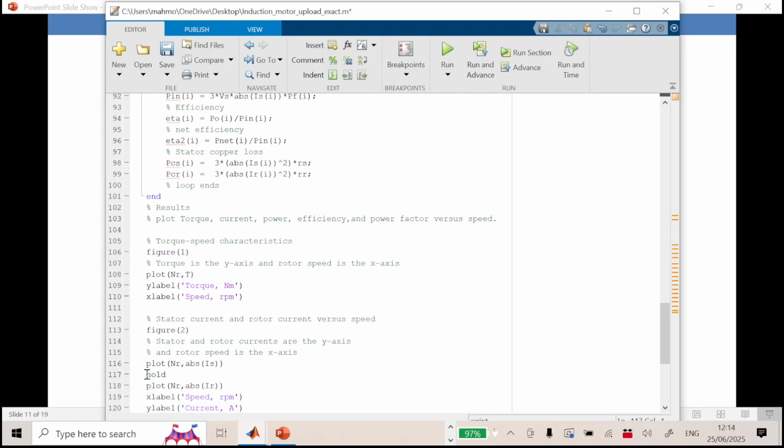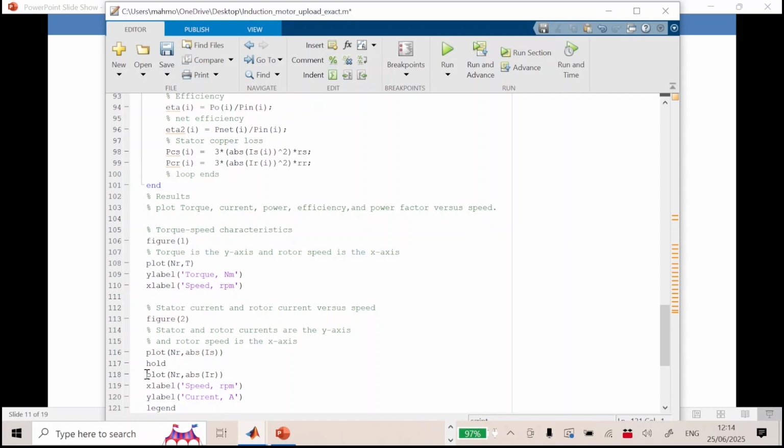Then plot the speed as the x-axis and the absolute value of the rotor current. We put the x label, which is the speed in RPM, and the y label, current in ampere. Then we can add a legend if we like, data 1 and data 2. We will add it ourselves when the figure runs.